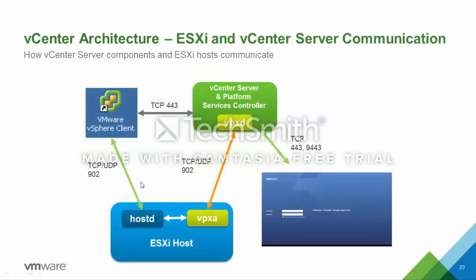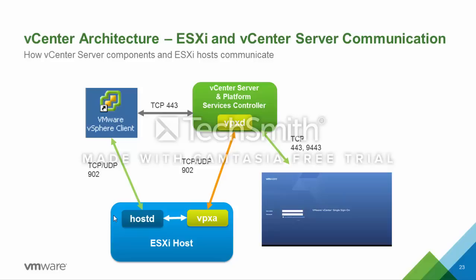So vCenter connects to a host, and you can see this diagram in the green up here. The vCenter service that runs in the vCenter instance is called VPXD. Now when we go and add a host for management, initially the VPXD service connects directly to the host and you log into the host using root level privileges.